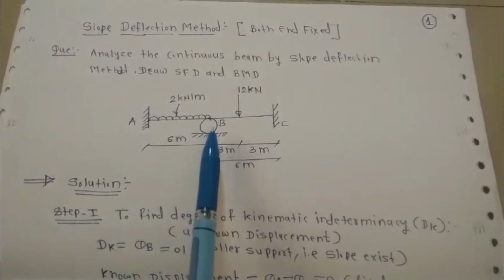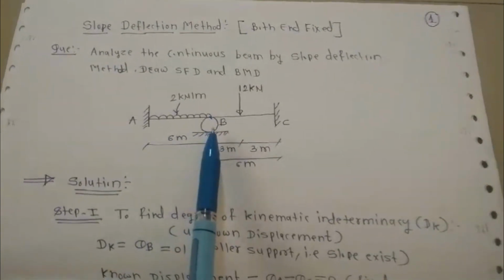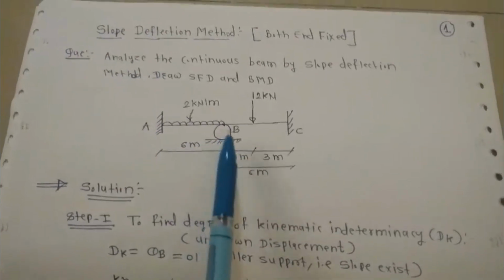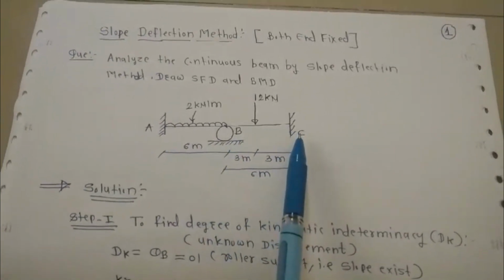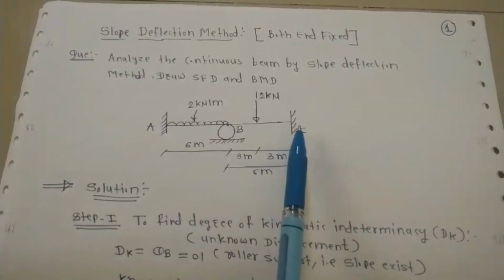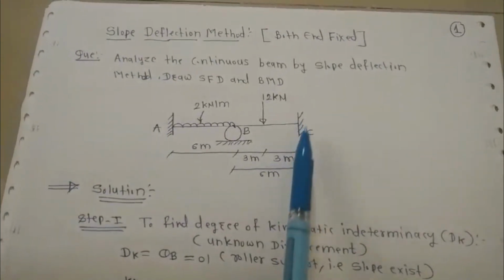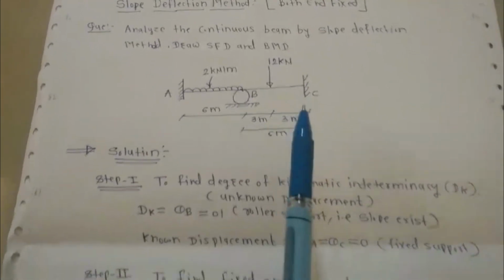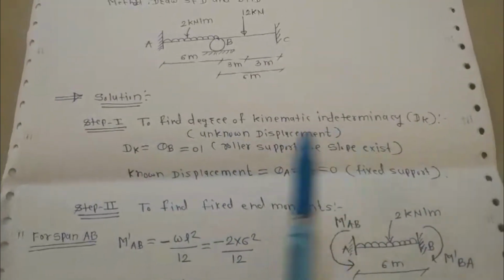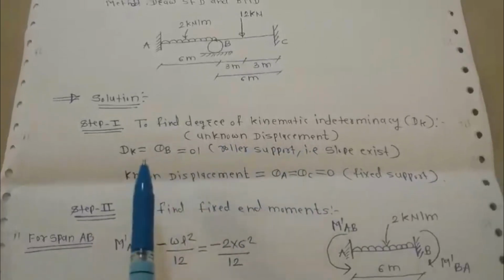At support B, it is a roller support, hence only slope will exist; the vertical displacement will be 0. At point C, the vertical displacement as well as slope will be 0 because support C is a fixed support. So the unknown displacement will exist only at point B.